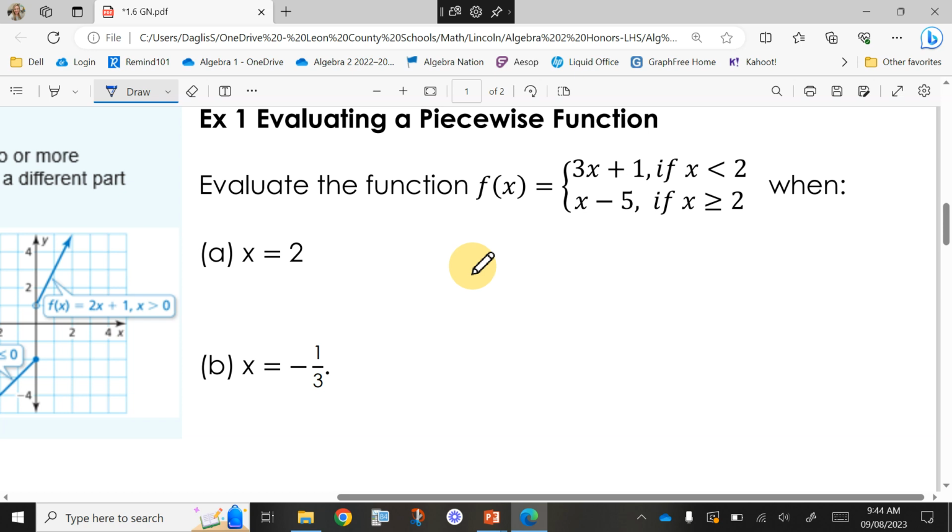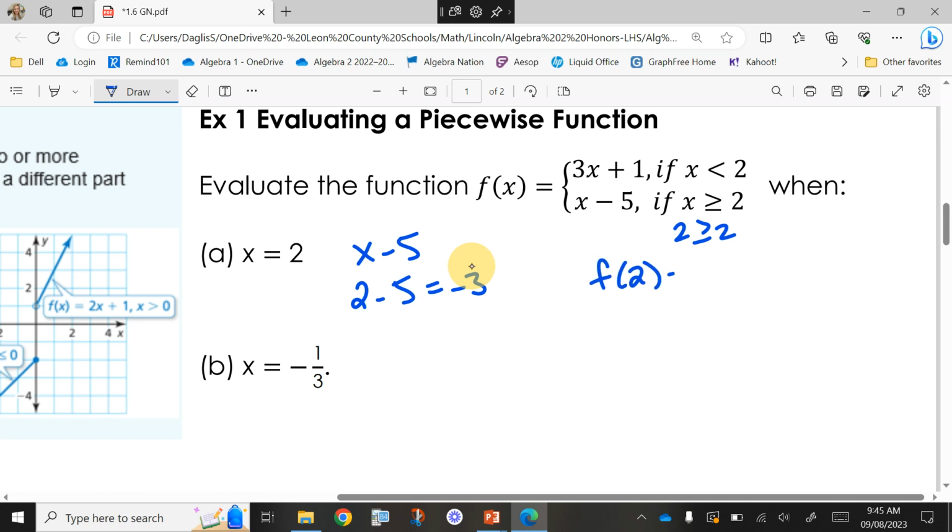Well, 2 is not less than 2, but would you agree that 2 is greater than or equal to 2? So that's where it falls. So that's the equation I'm going to use. So x minus 5 now becomes 2 minus 5, which is negative 3. So how we write our complete answer is we're going to say f of 2 equals -3, like that. That shows I plugged in 2 into my function, and our output was a -3.